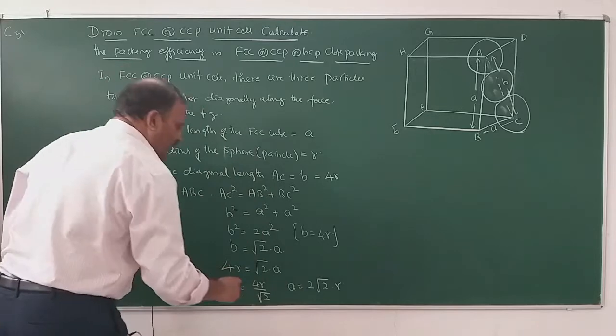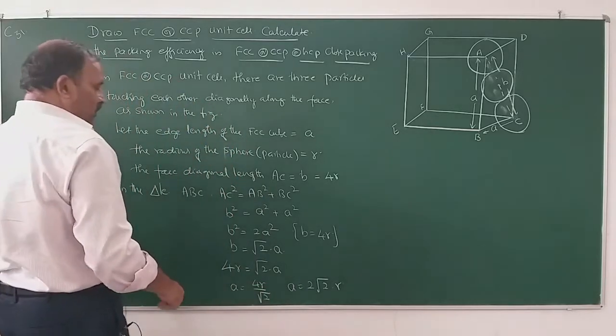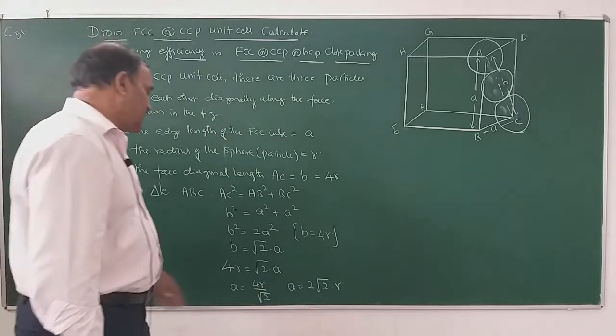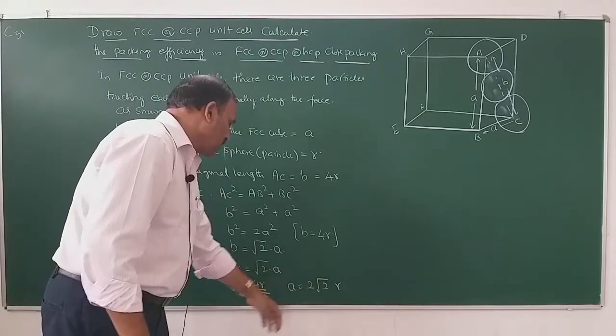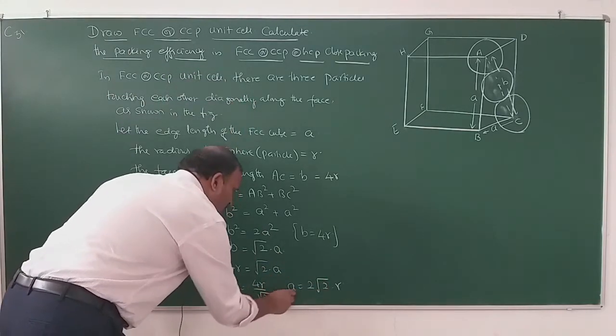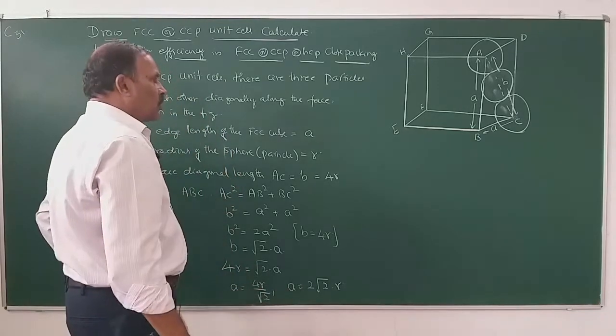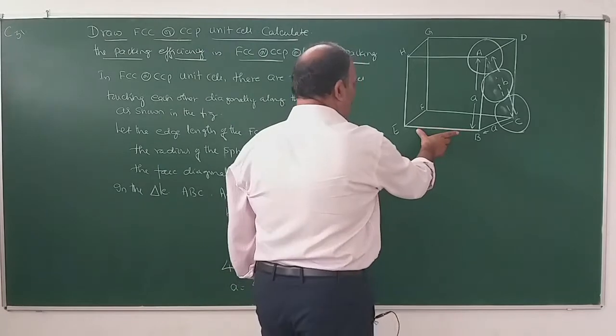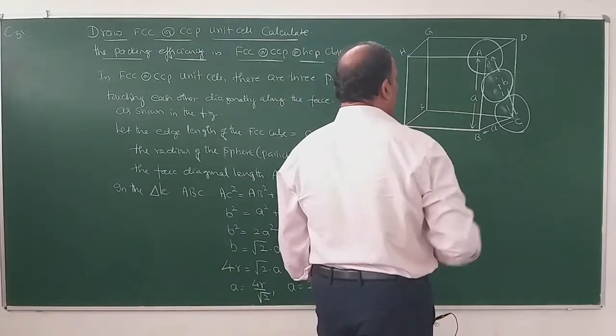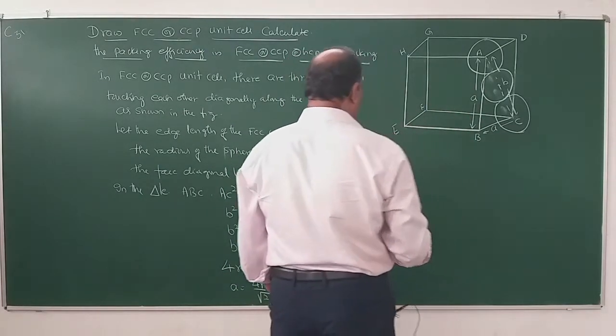So the edge length a in terms of radius is 2 root 2 r. So if you know the edge length, you can calculate the volume of the cube.